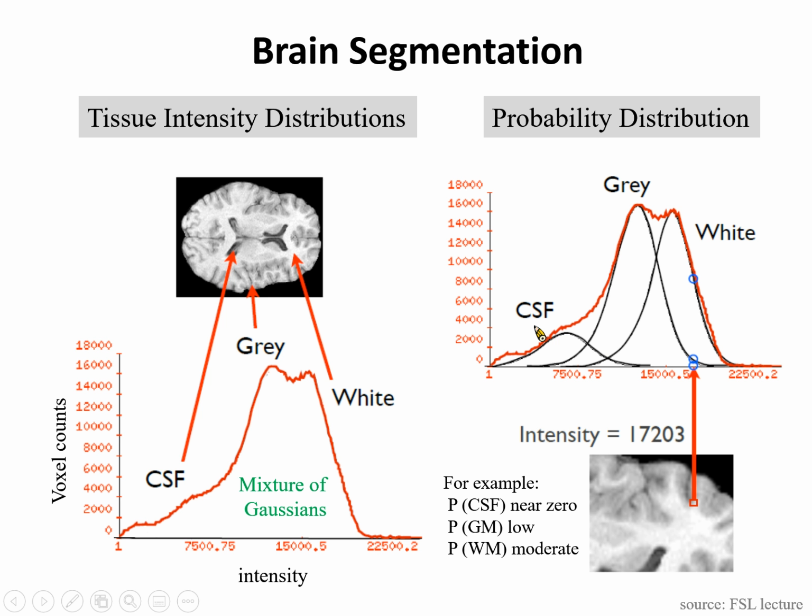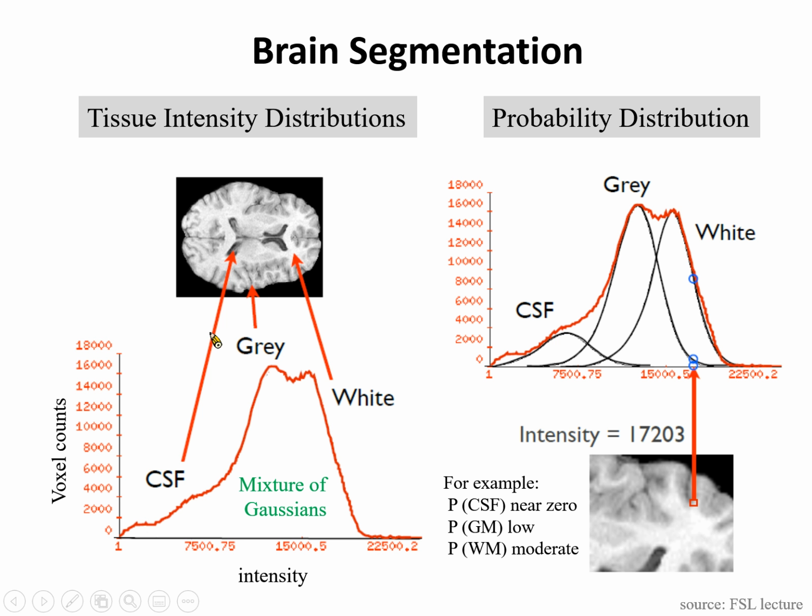One of the basic analyses in brain imaging is brain segmentation. With these structural images, we find a very interesting distribution of the intensity of brain voxels. A voxel means a small cube in the brain.